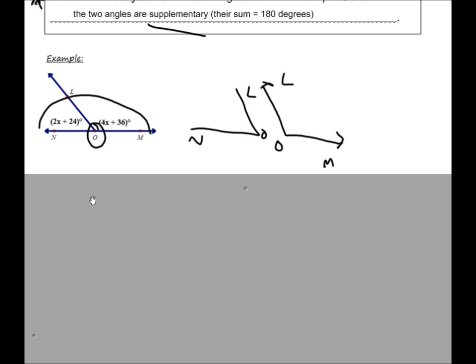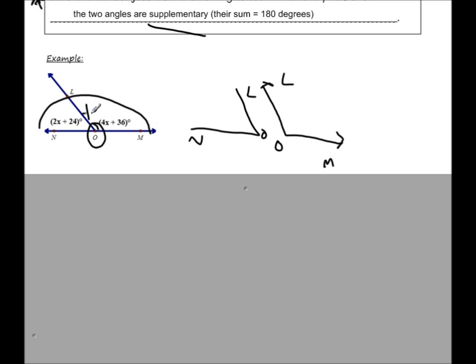Alright, so let's look at an example. As you can see, that angle LON and angle LOM, if we pulled them apart, they would not exist without LO. So they share a common ray and vertex. So these two are adjacent angles, and they lie on a straight line.